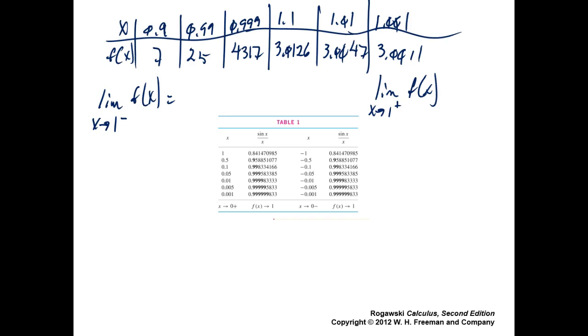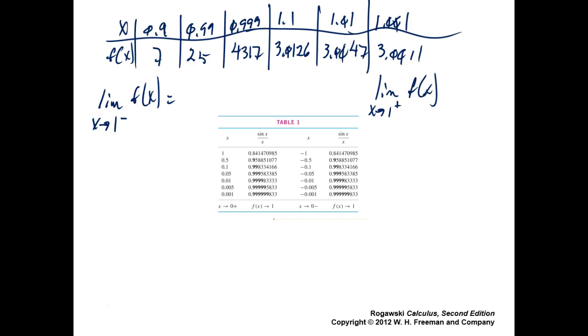No, okay. From the lower side, 0.9, 0.99, 0.999, it's getting closer and closer to 1. From the lower side of 1, from the minus side of 1. But look at your f values. 7, 25, 4,317. No. You're talking from the upper side. This is approaching 1 from the lower side.